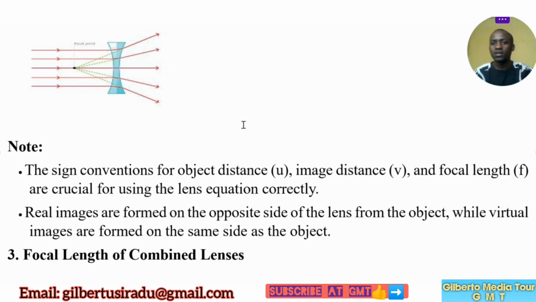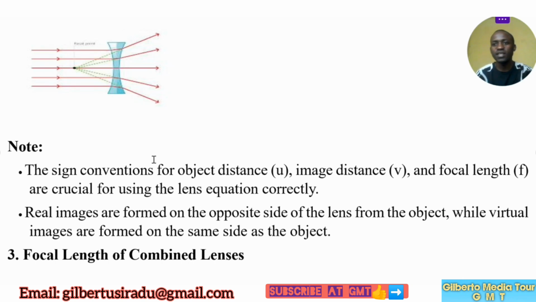When image distance is negative, it means that the image formed is a virtual image. What is a virtual image? A virtual image is the image formed on the same side as the object, which is erect, not inverted.